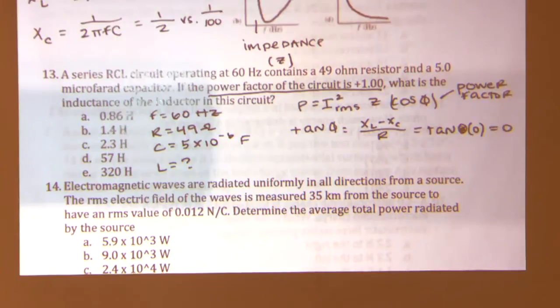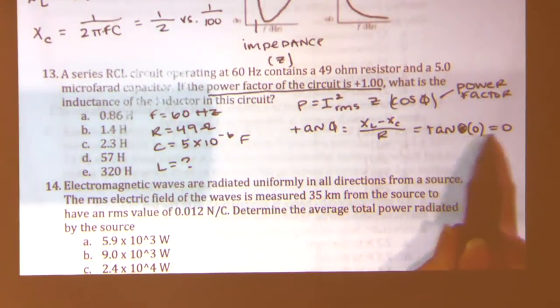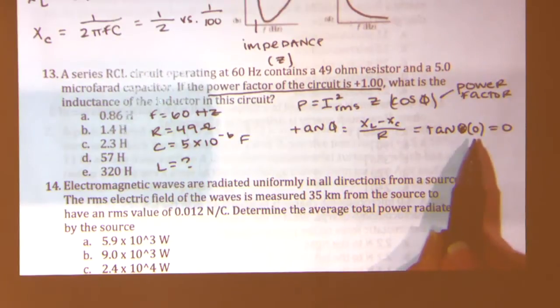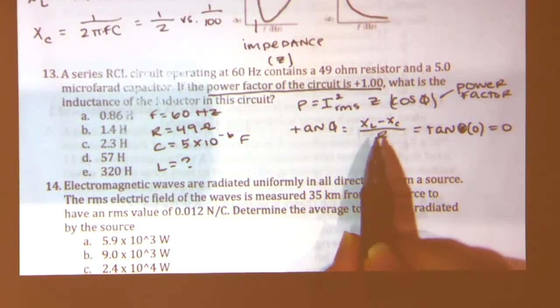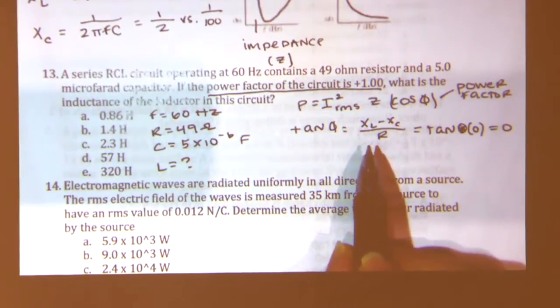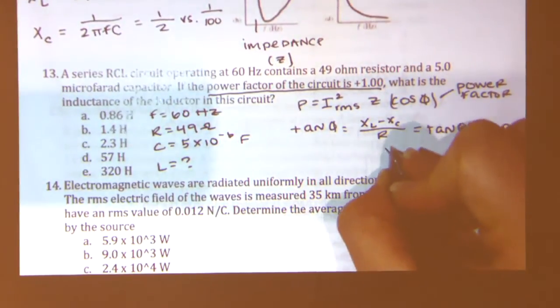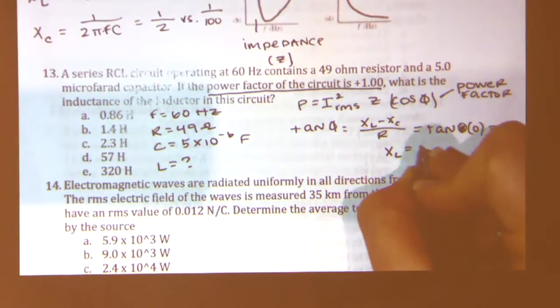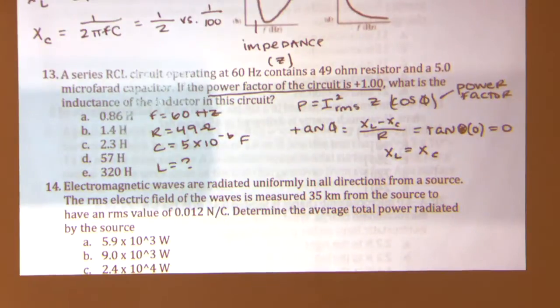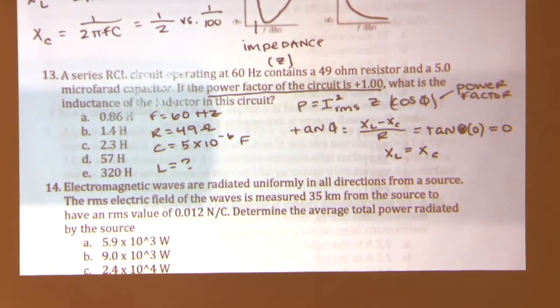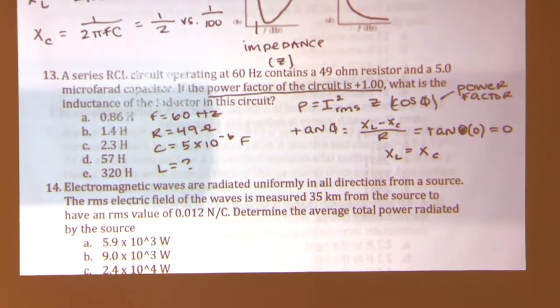When we see that tan 0 is equal to 0, that's saying XL minus XC over R is equal to 0. That's telling you that XL is going to equal XC. So just remember that when the power factor is 1, your XL and your XC will be equal.